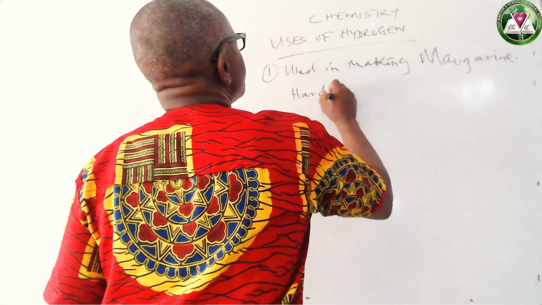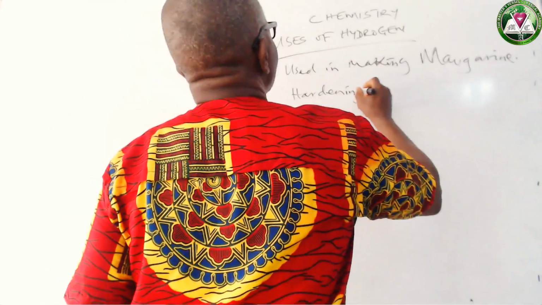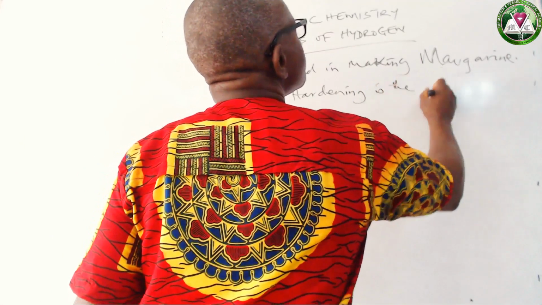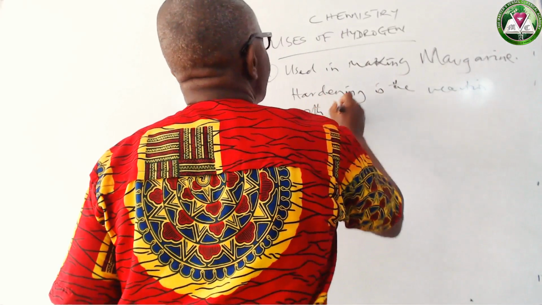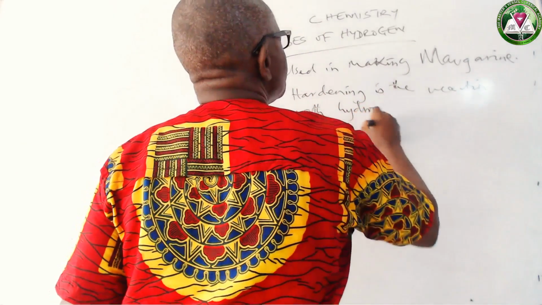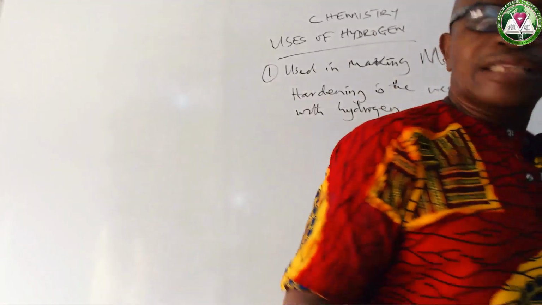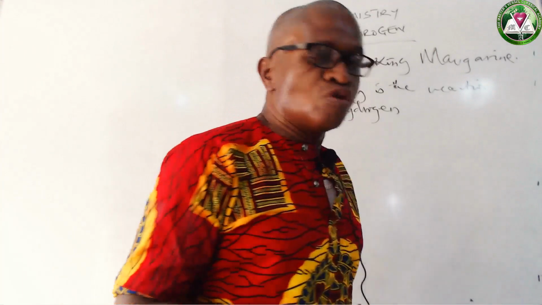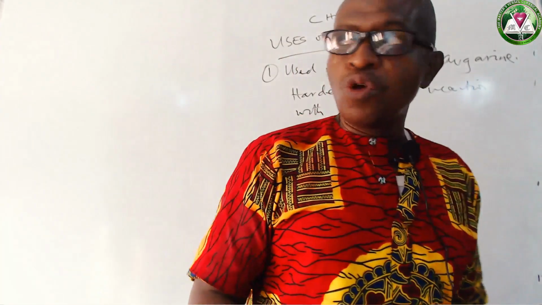And that hardening is reaction of vegetable oil with hydrogen. That reaction of vegetable oil with hydrogen will result in solidification of the liquid vegetable oil.